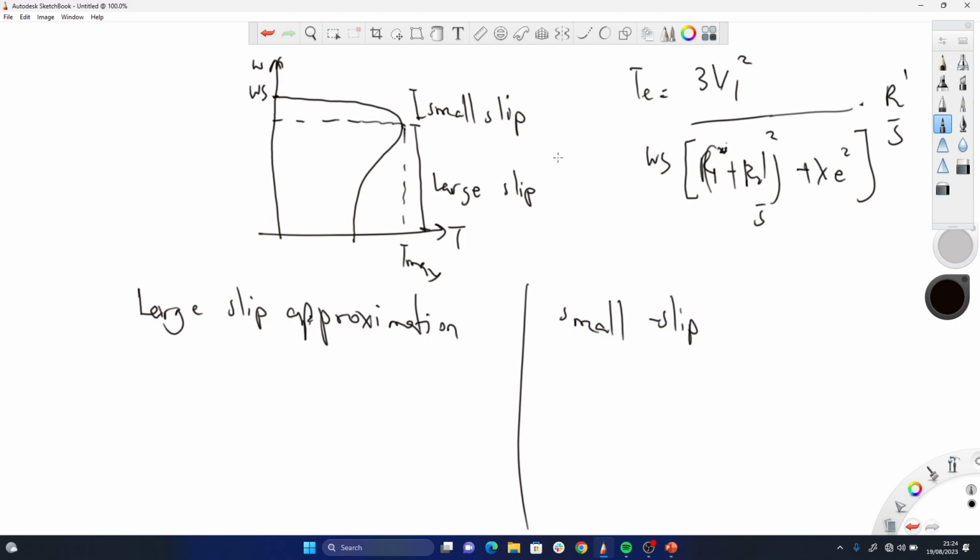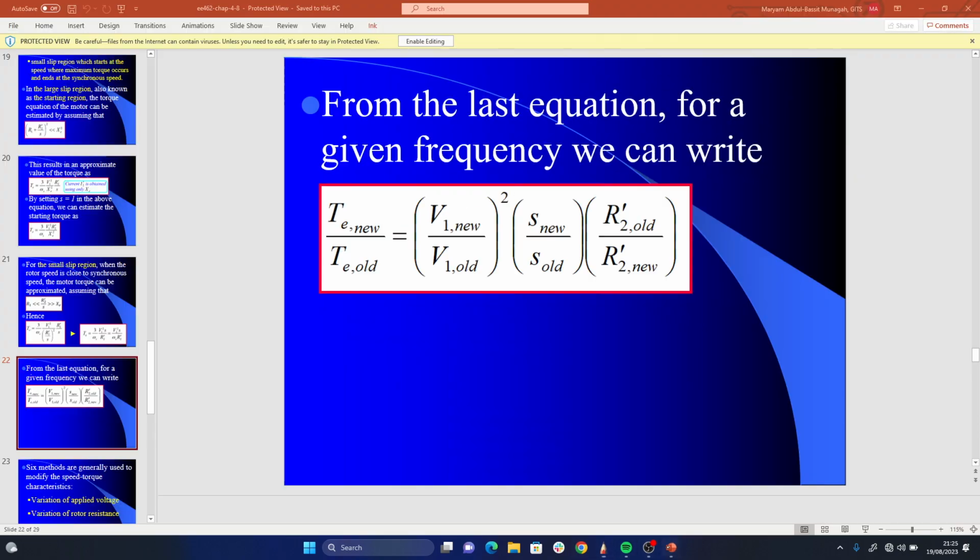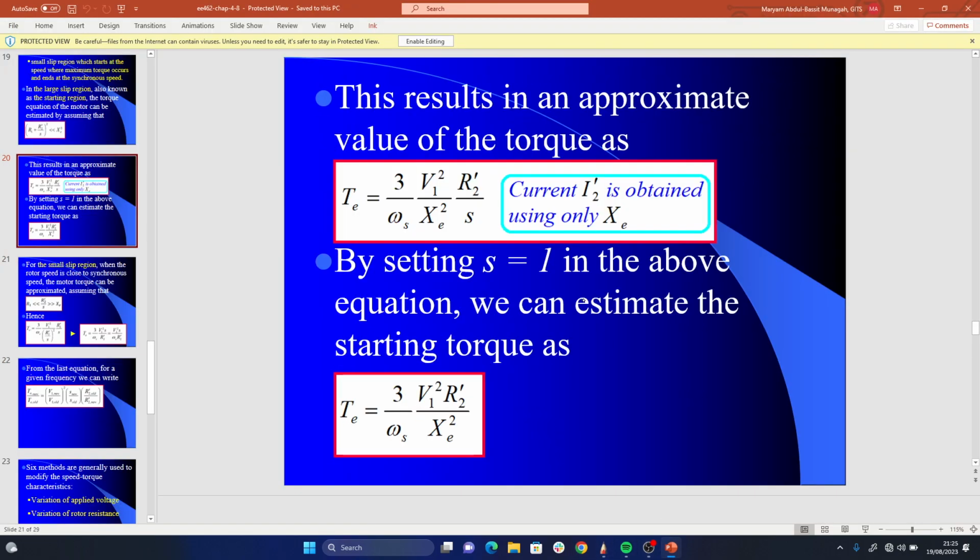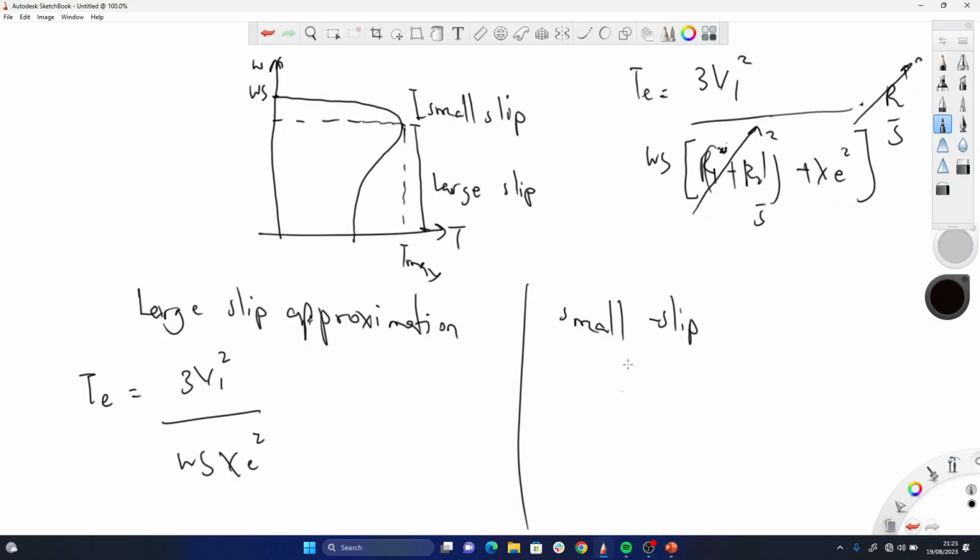In the large slip approximation, all the resistances go away. So I'll be left with torque equal to 3V1 squared over omega S XE squared, times R2 prime over S. This part goes away, but this part still remains.